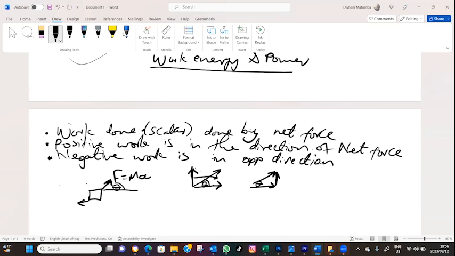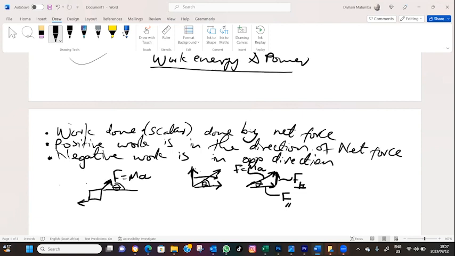We have the magnitude of your hypotenuse, which is F equals ma. That's your applied force. This component will be your applied force acting perpendicular to the ground, and this component will be your applied force acting parallel to the ground.